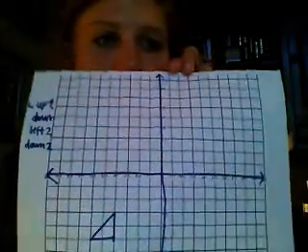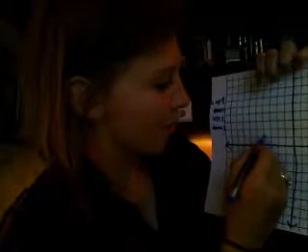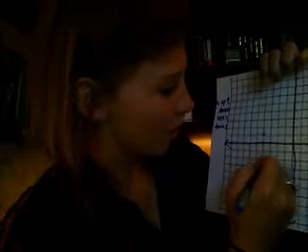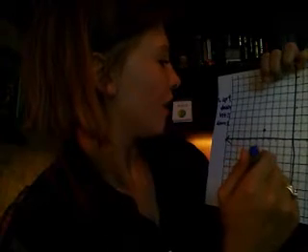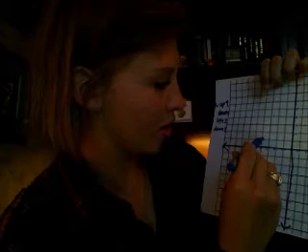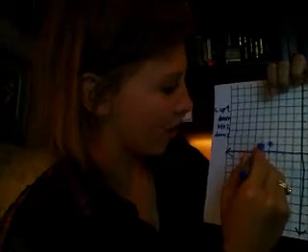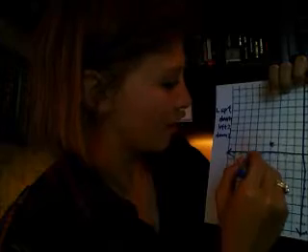So we're going to start out with the original shape. This is the original shape. I'm going to move it up 4. So 1, 2, 3, 4 is my first point. Oh wait, sorry. Up 4, left 2, and down 2.